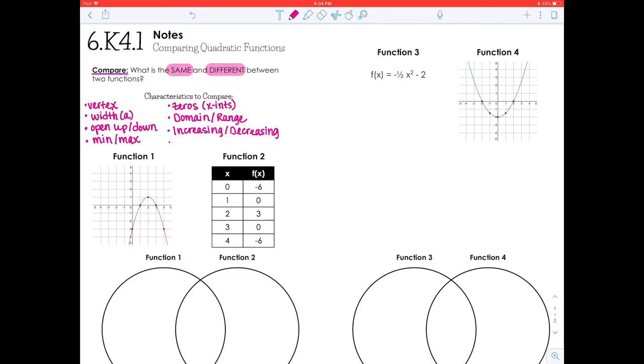And your positive and negative intervals. Also, another thing that you could include when talking about whether it has a minimum or a maximum, you could also include the actual value. So that minimum or maximum value, which is K.